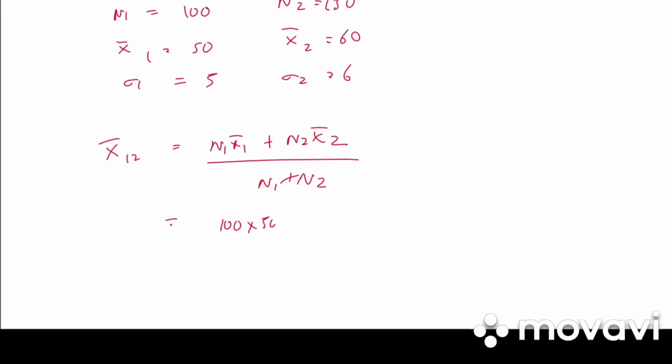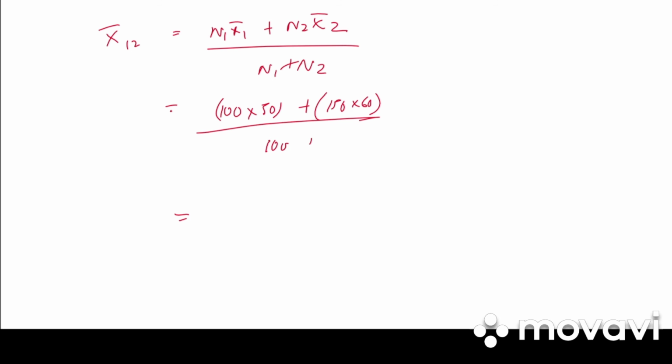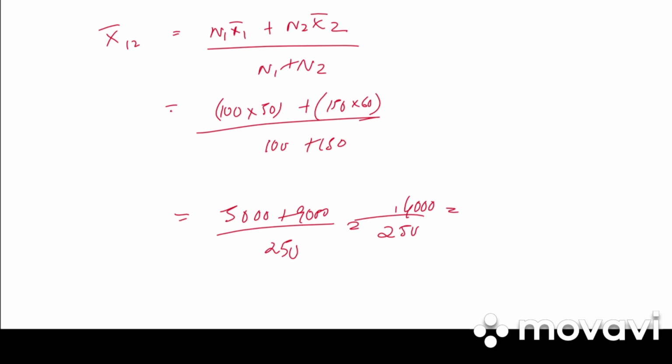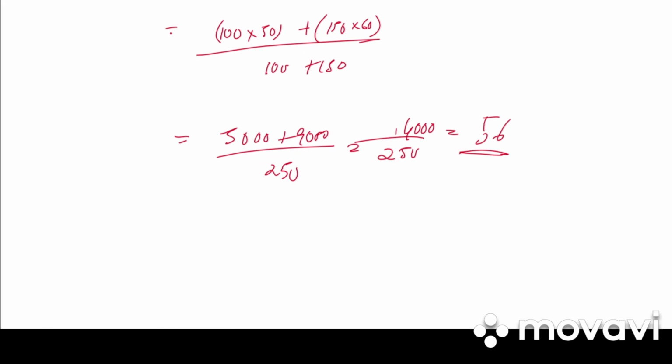So 100 into 50 plus 150 into 60 divided by 100 plus 150. So it is 5000 plus 9000 divided by 250. 14,000 divided by 250, it is 56. So we got x bar 1 2, that is 56.